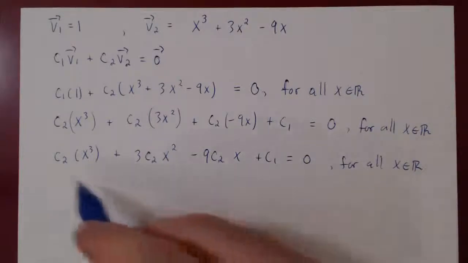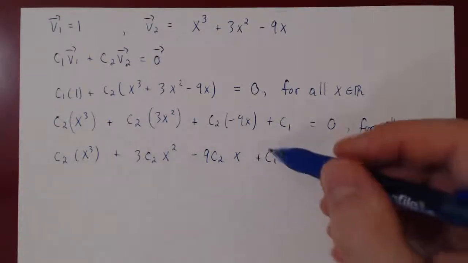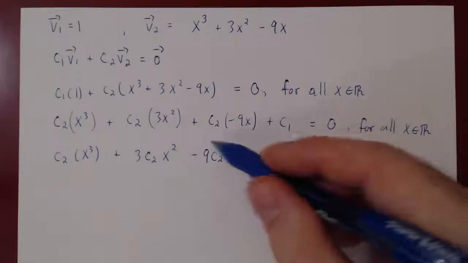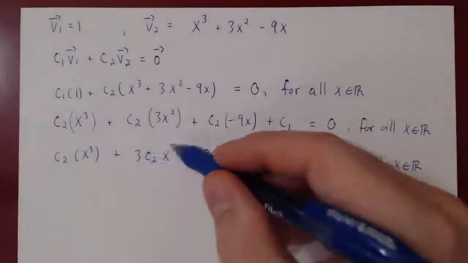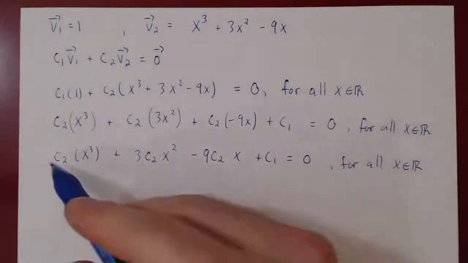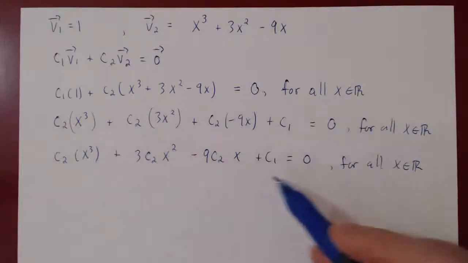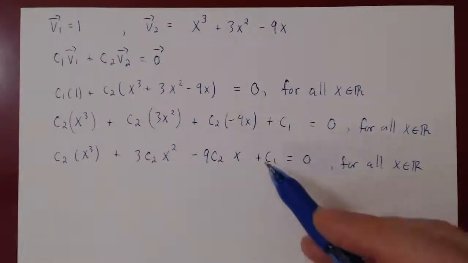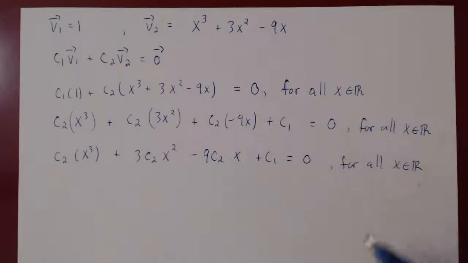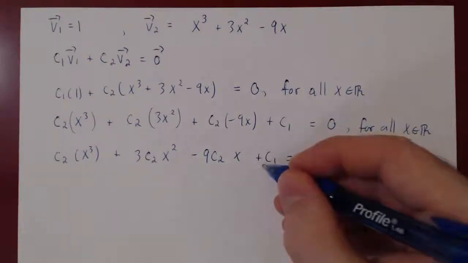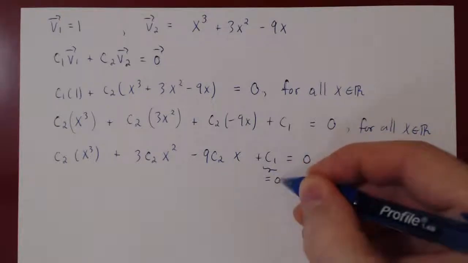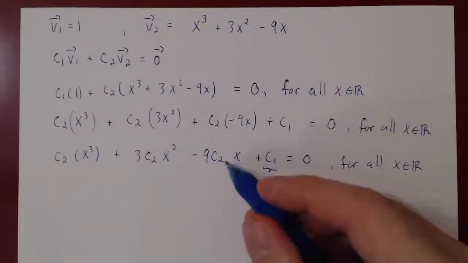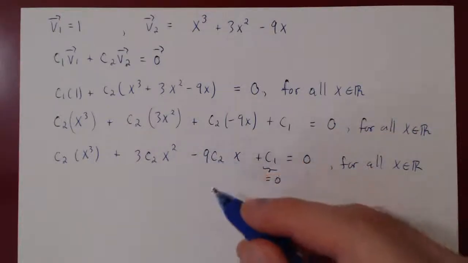But we know that if you have a polynomial in canonical form, so constant term plus multiple of x plus multiple of x squared plus multiple of x cubed, the only way for this polynomial to be the zero polynomial, therefore equal to 0 for all values of x, is if every coefficient is equal to 0. So c1 has to be equal to 0. The multiple of x, negative 9c2, must be 0.